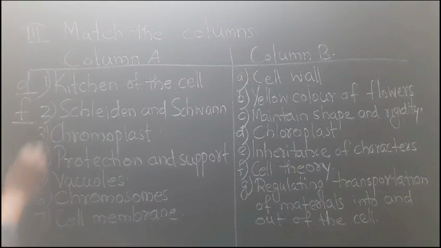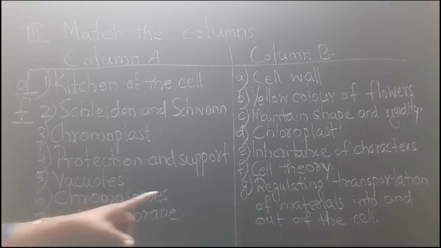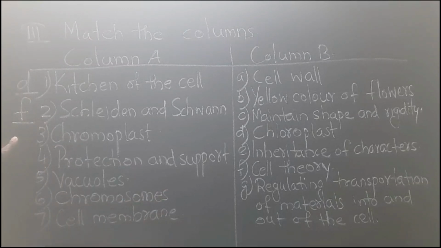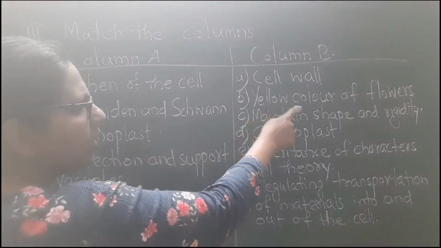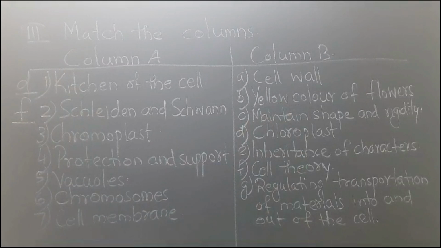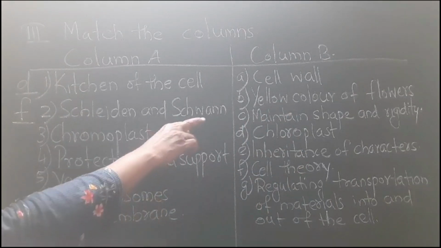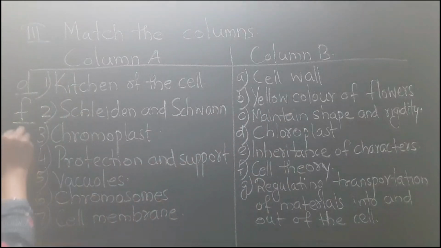F, cell theory. Then chromoplast. Chromoplast gives yellow color to flowers. So yellow color of flowers, that is B. Chromoplast gives color to the flowers.